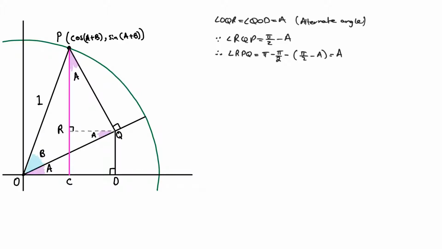Let's write down a few pieces of information about our triangle here. We know that it's 90 degrees here, and we know that this hypotenuse is 1.